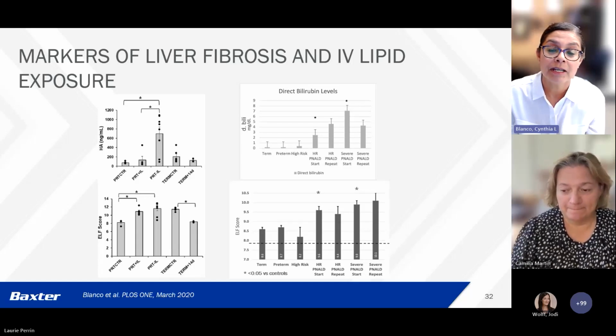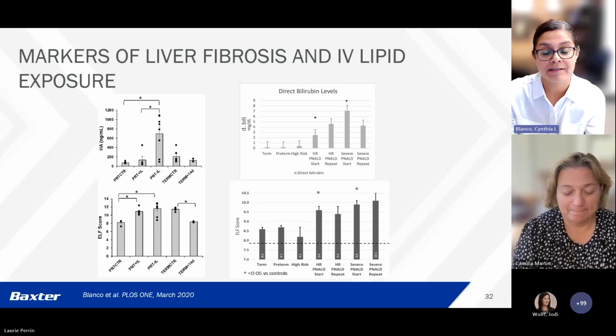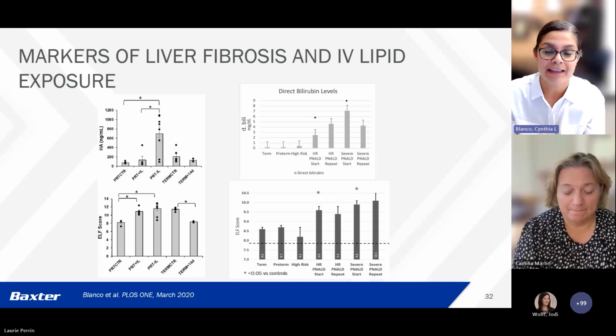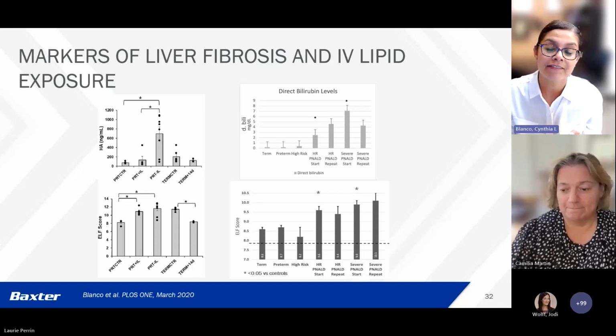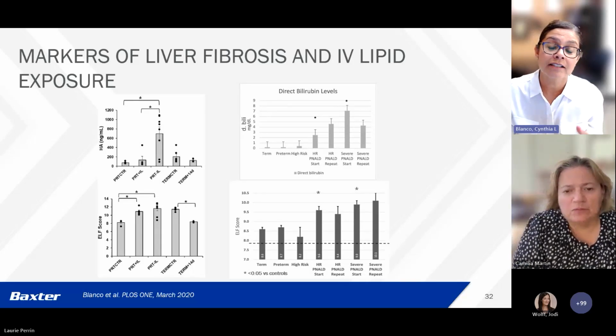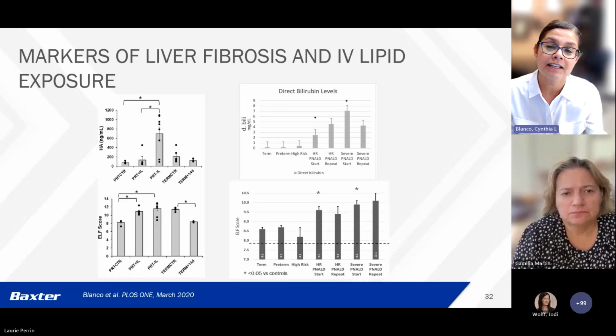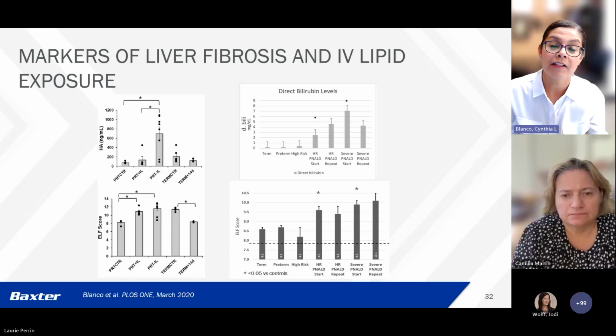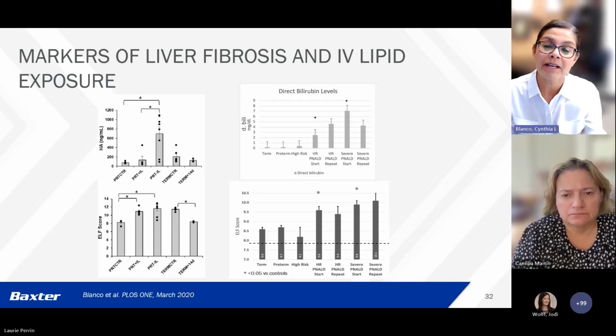Once they start developing liver disease, called PNAC or PNALD, they go higher, but they're all high. As a contrast, you can see that the direct bilirubin levels are extremely low in all of the healthy controls, and they're coming higher in the babies that are developing liver disease.